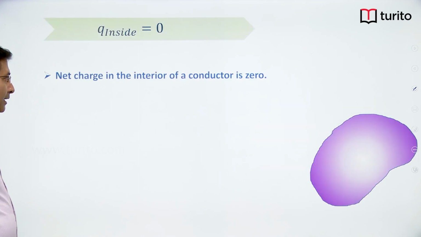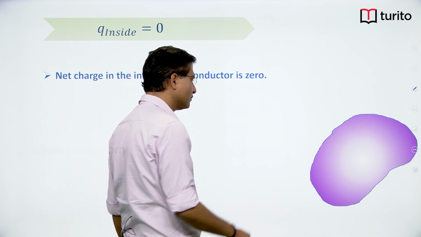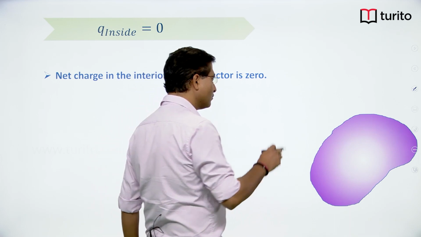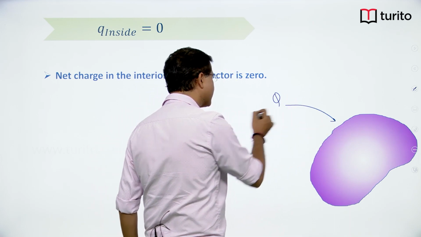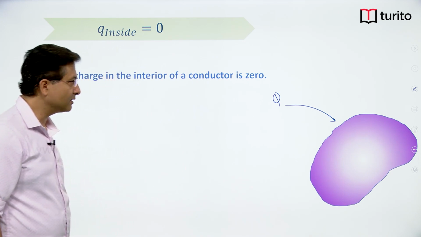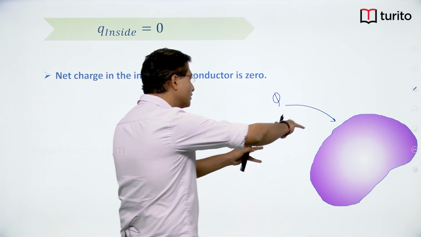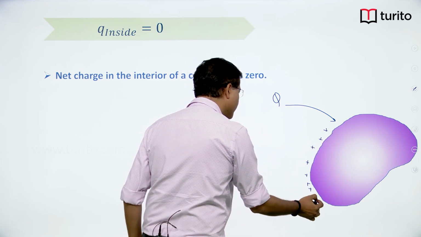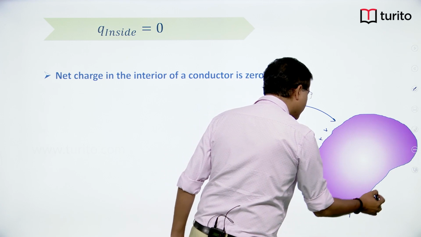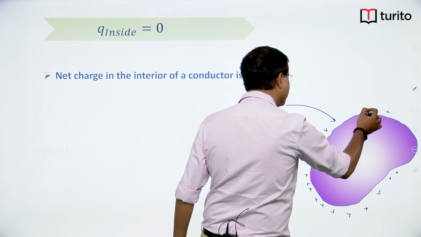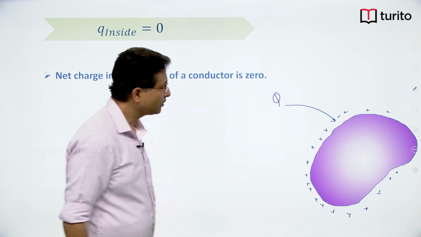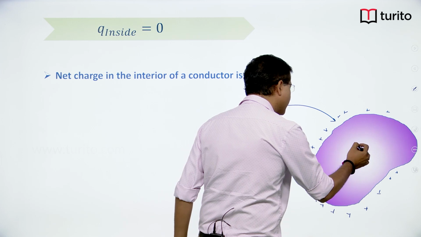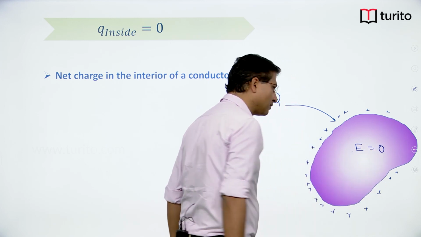Second point: as the field inside is 0, say we have given some charge to this conductor, say we have given Q charge to the conductor. What we have just seen is that this charge will get distributed in such a way that the net field under electrostatic condition has to be 0, right.